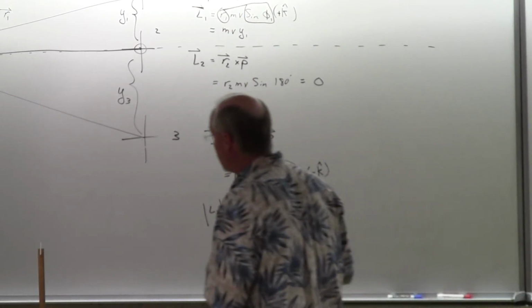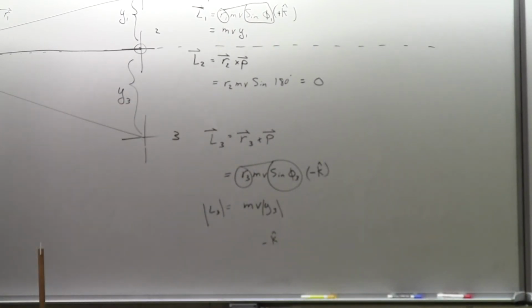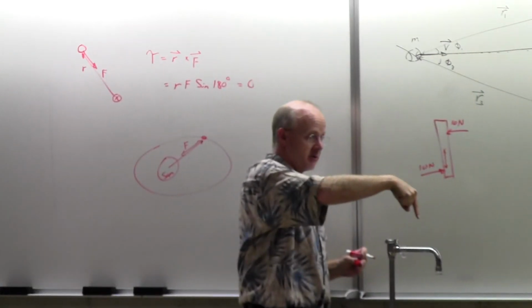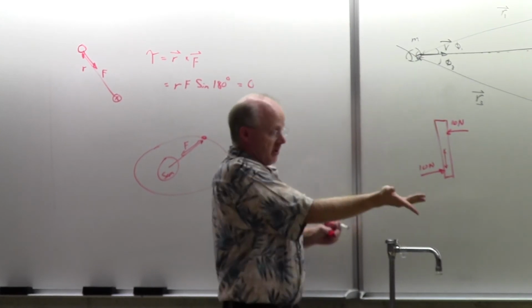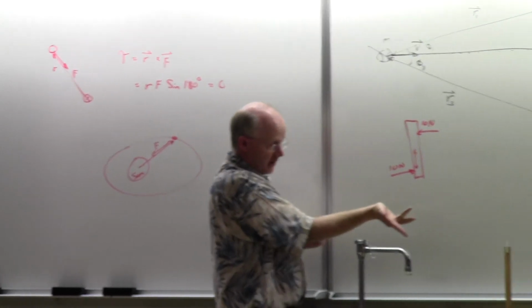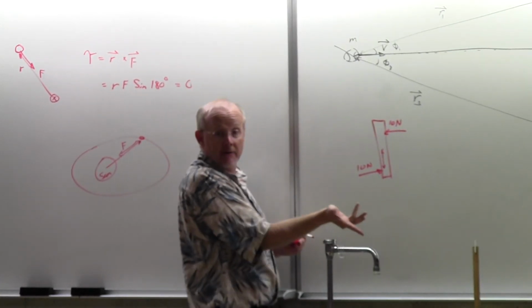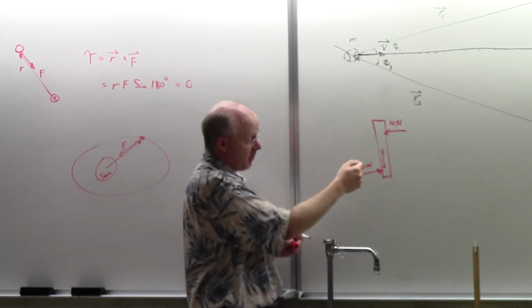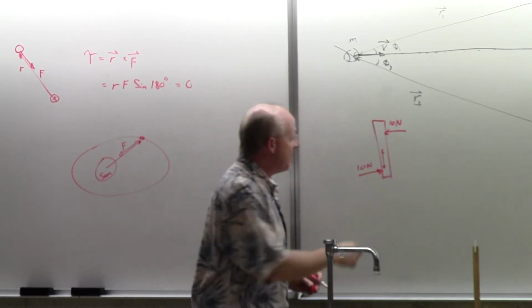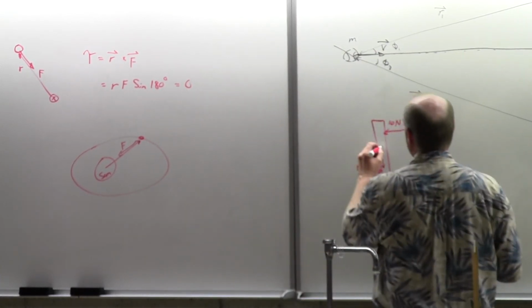If you look at the torque here, from here to there, I'd put my finger down, there's R, close it towards that way. The second one's going this way. So there's my R, there's my F, and this is a torque out of the board, which kind of makes sense. That's going to make it rotate in a positive direction. But this one too makes it rotate in a positive direction.